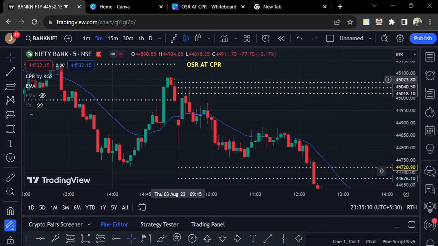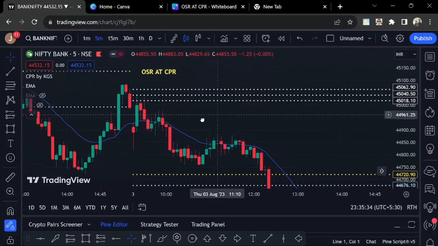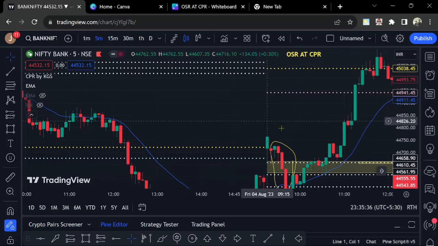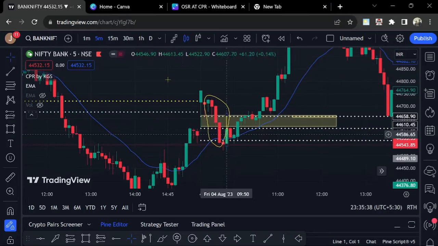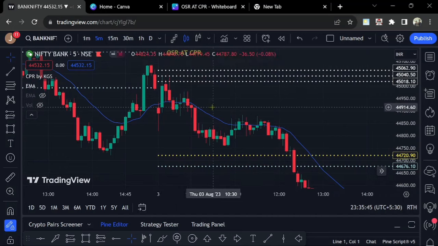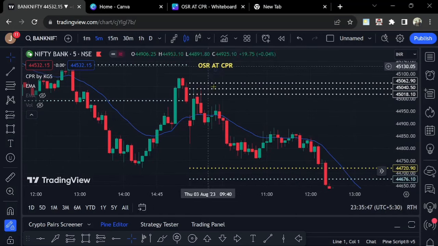This is also a type of OSR at CPR pattern, but the most powerful is this type of move. It should break the CPR on the upside and then reverse. You should wait only for the proper patterns and trade only in those patterns.